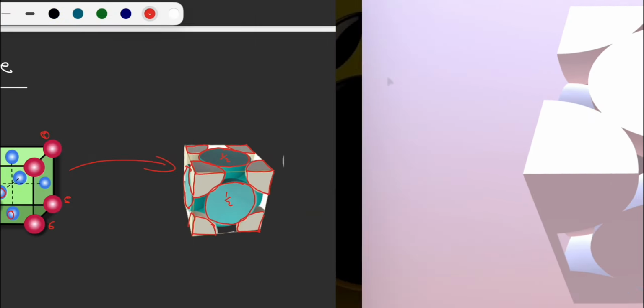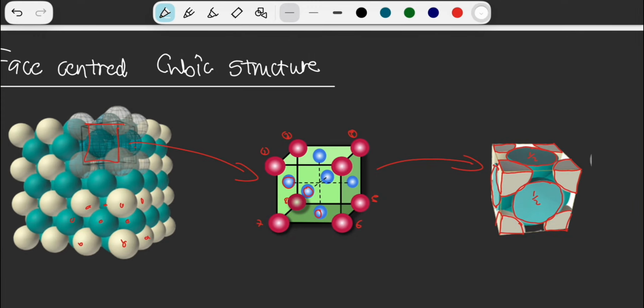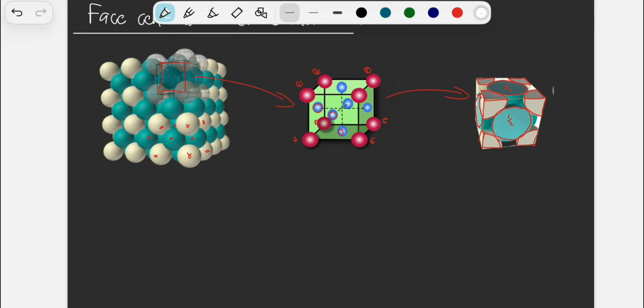This is nice because from this corner all the way to this corner, it's very perfect, right? We can easily find the parameter a. I can easily see that this is r, this is 2r, this is r. It's the outer diagonal. It's no longer the cross diagonal that we had in BCC. So FCC is going to be a walk in the park.